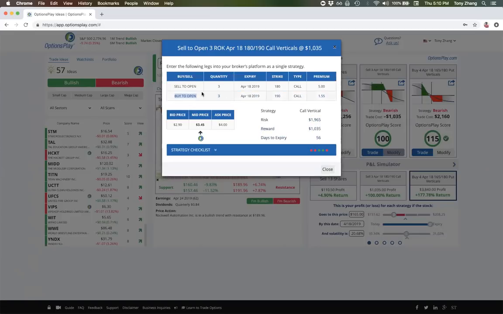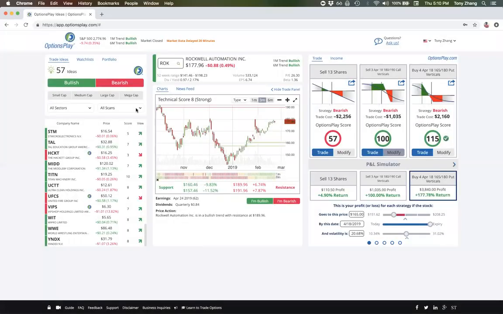Because if you just sold the 180 calls, you would have unlimited risk. If Rockwell Automation took off and started shooting higher, you would have unlimited risk to the upside. And that's really why we sell credit spreads, to take advantage of selling that 180 call, but not have to take unlimited risk in order to trade that strategy.